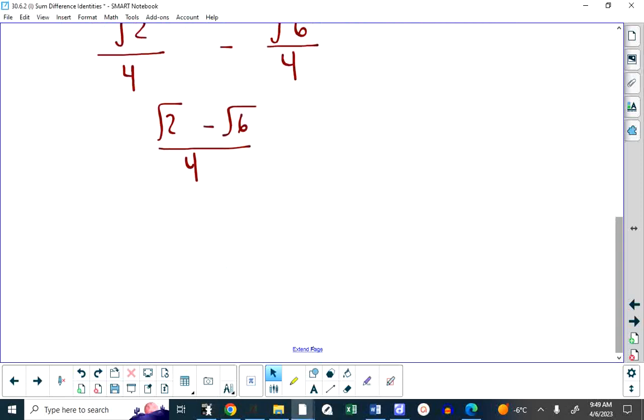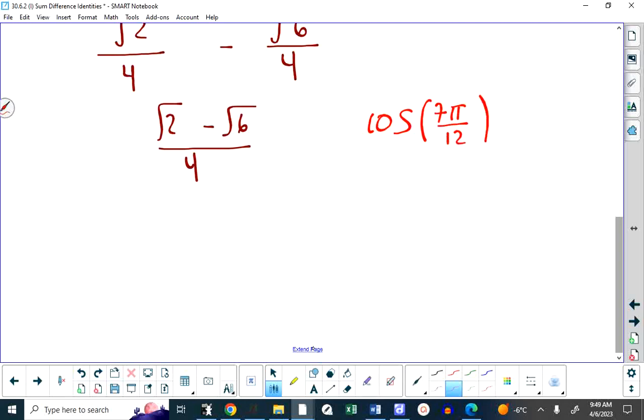For that reason, I don't think this would ever be a multiple choice question, because you could just take your calculator and figure out what it is and then go through your choices. This is a perfect example of a numerical response question, though, where the stem of the question says the cosine of 7 pi over 12, that's what it was, wasn't it? Yeah. Is equal to root A minus root B all over C. What are the values of A, B, and C? And the answer is 2, 6, 4.